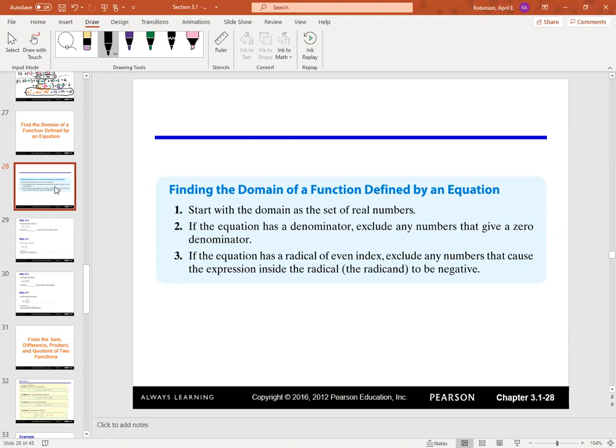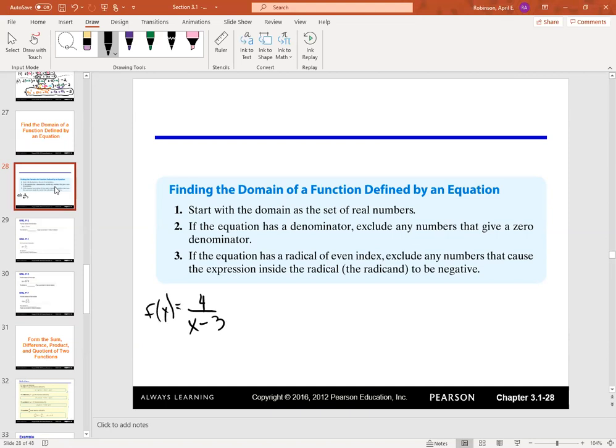However, if the equation has a denominator, you have to exclude any numbers that would give a 0 in the denominator. Like that previous problem, I think it was like 4 over x minus 3. That was the function they gave us earlier.